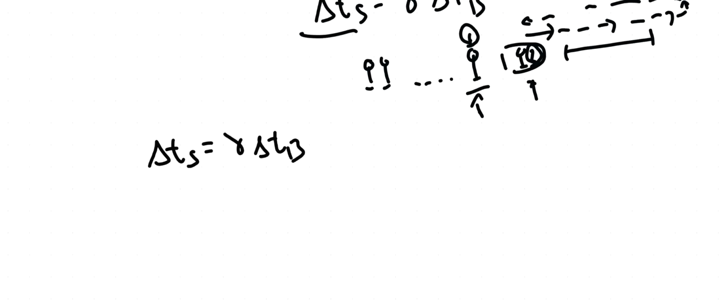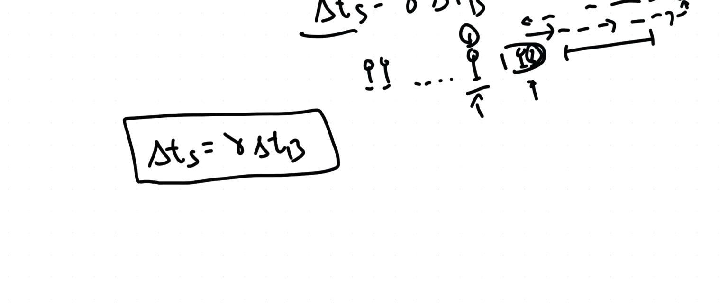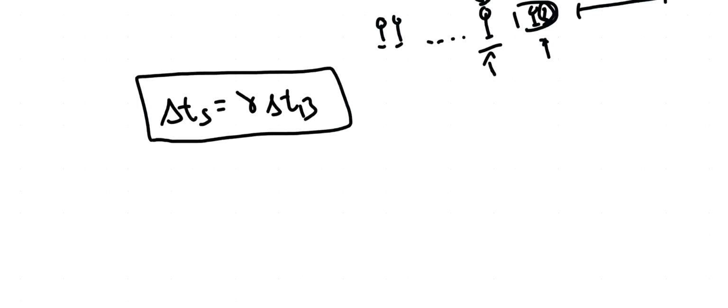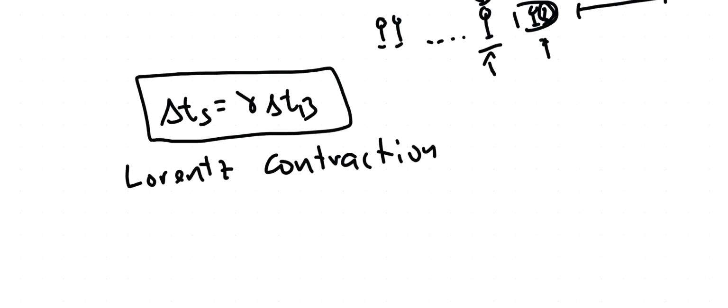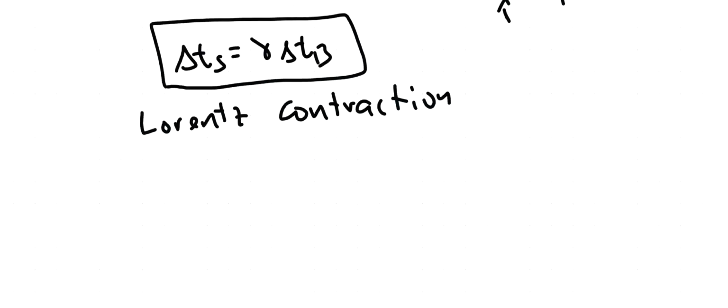Let us now go to our second example, which is the so-called Lorentz contraction. What Lorentz contraction refers to is, suppose that we have a ruler, and it has some length L, which we wish to measure.